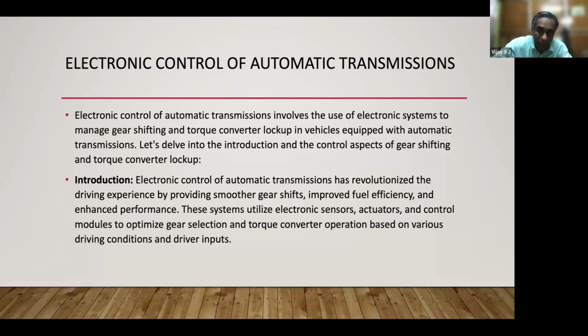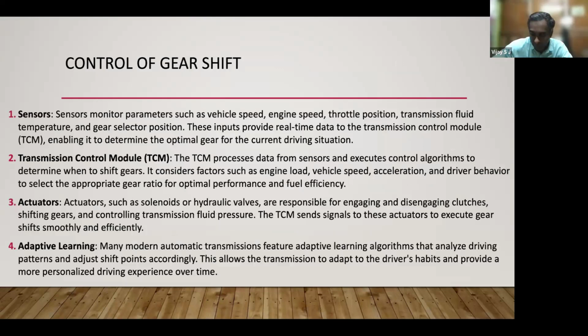That lag can be managed using electronic circuits, and it can improve the gear shifting process, the fuel efficiency, and the performance of the vehicle. These are the things electronics in automatic transmission is used for.